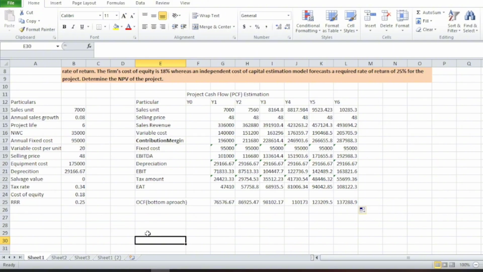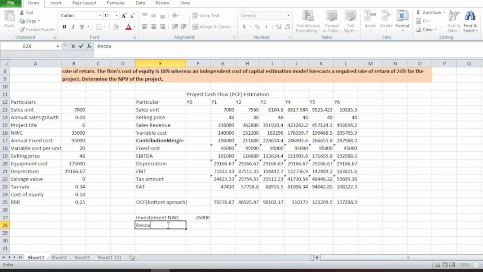Now we'll adjust our costs. So first, the investment in net working capital, which is our cash outflow. That's why I'm putting a minus before the amount. Since it's not mentioned whether the net working capital was recovered, we are assuming that net working capital was fully recovered in year 6.